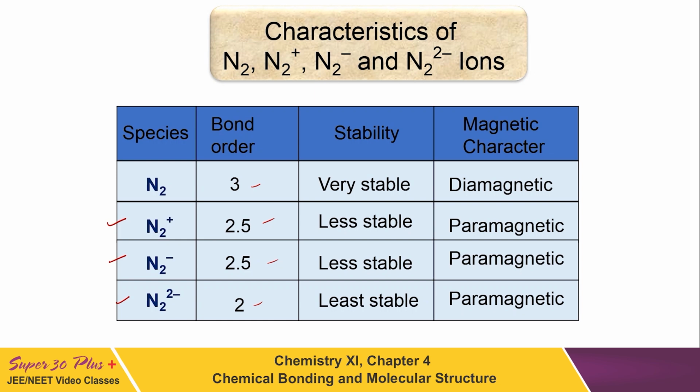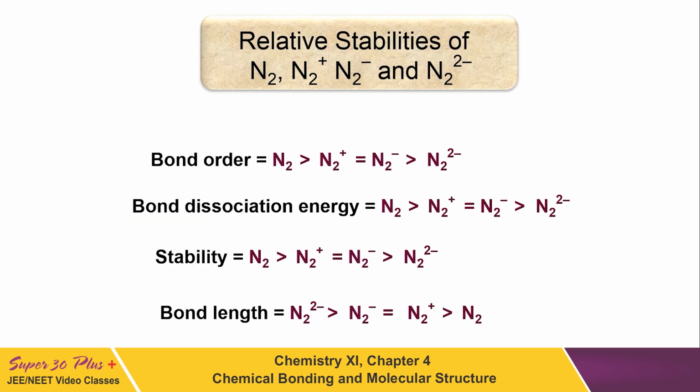Stability is proportional to the bond order, and inversely proportional to the number of electrons in ABMO, because those electrons present in ABMO are higher in energy, and because of the high energy they destabilize the molecule. And magnetic character, we judge by whether paired or unpaired electrons are present. And this is the order of the relative stabilities of N2, N2 plus, N2 minus and N2 minus 2.